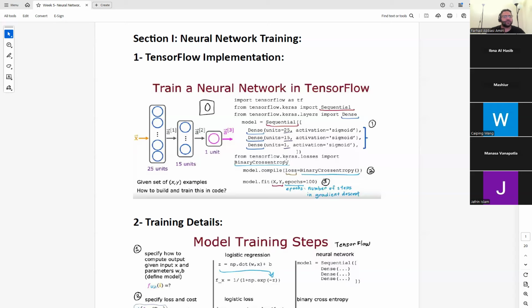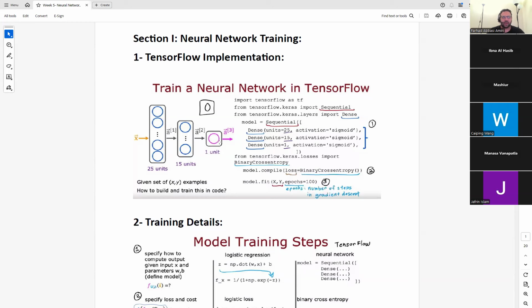And then from TensorFlow Keras losses, we import a loss function. You remember the loss function from logistic regression. In logistic regression, when we wanted to introduce the cost function, we introduced the loss function first. So the loss function here, let's say, is binary cross entropy.